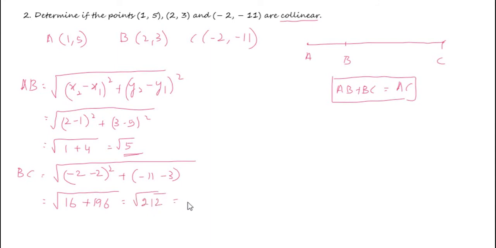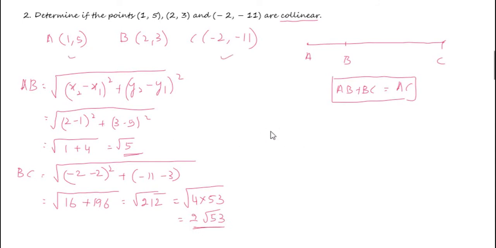This can be written as square root of 4 into 53, or 4 I can take it out, so it becomes 2 root 53.